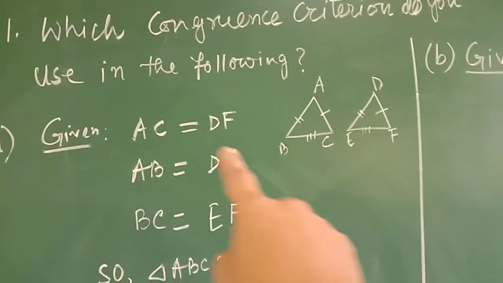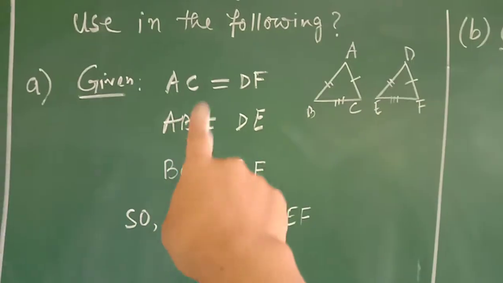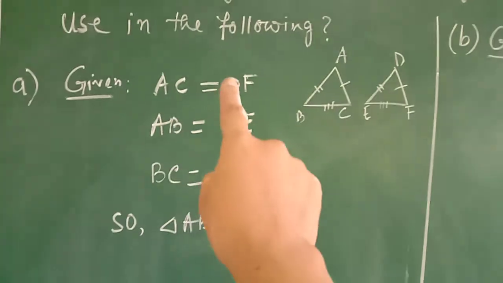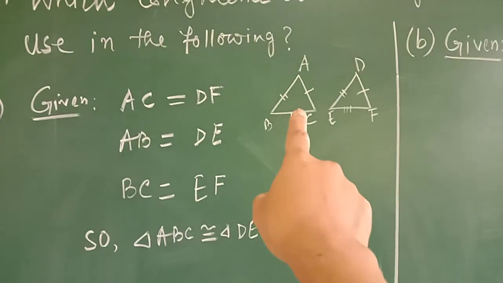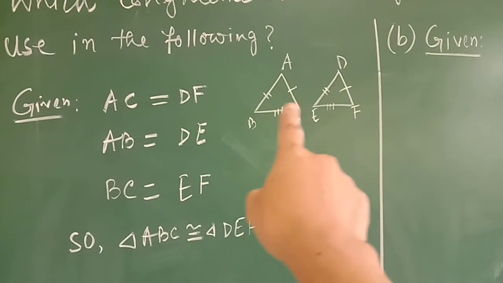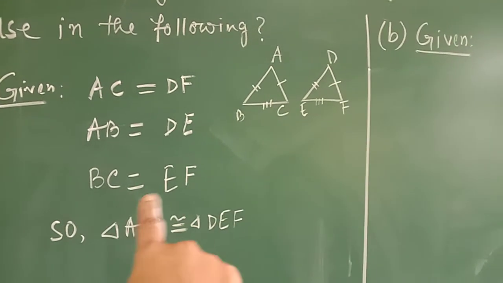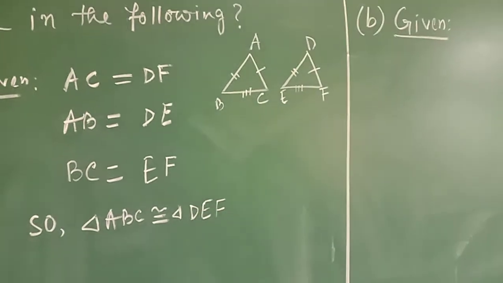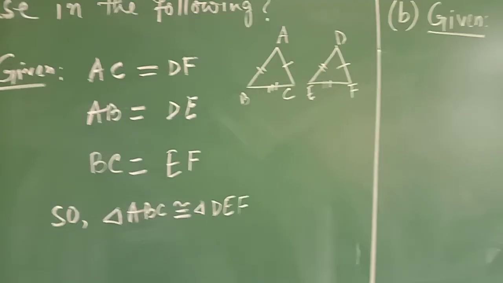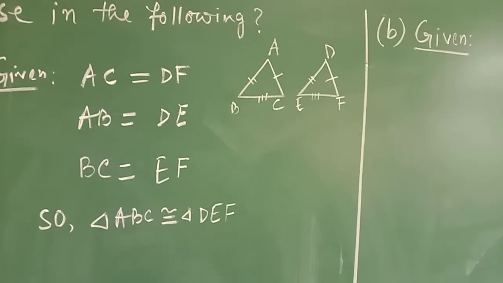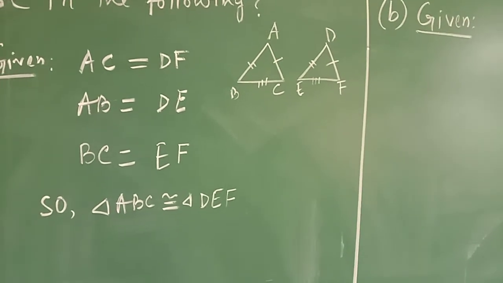Understood? Now see, the given portion in the question I have written only from your book. AC is equal to DF, single mark I have given there. AB is equal to DE, I have given double mark, and BC is equal to EF, I have given triple mark, so that you can identify the sides which are equal to the other triangle.